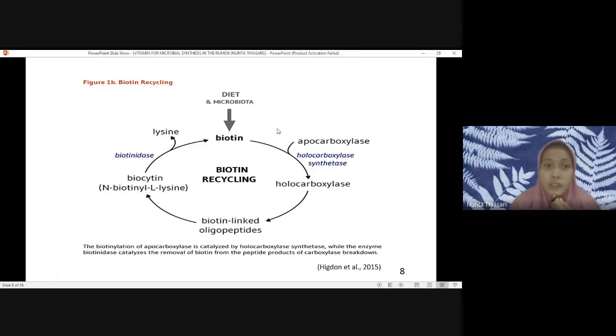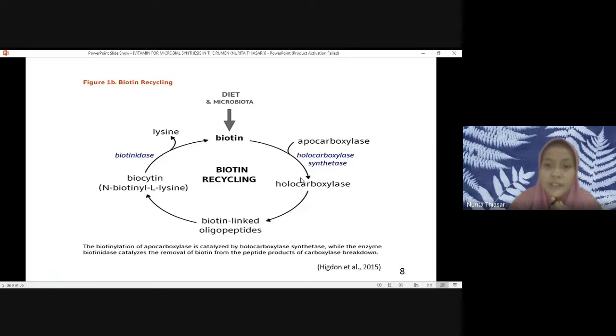And this one is the correlation. I would like to show the correlation about the biotin and the amino acid. So biotin from the diet and synthesis from the microba, biotin is needed as a cofactor for the enzyme. We call it holocarboxylase synthetase.